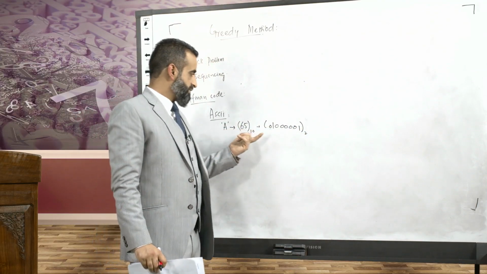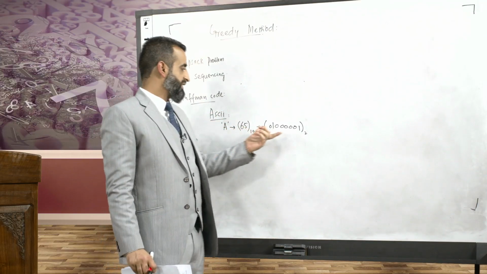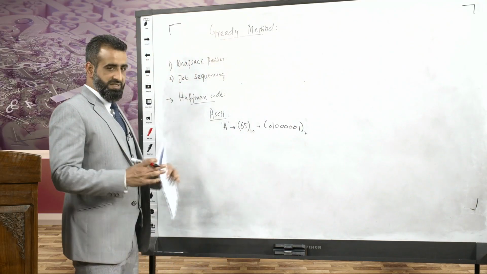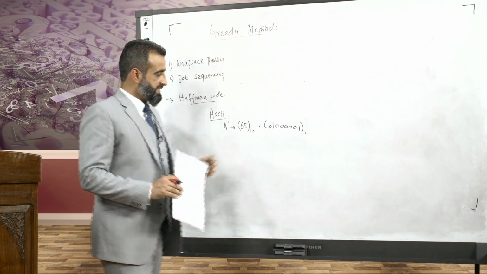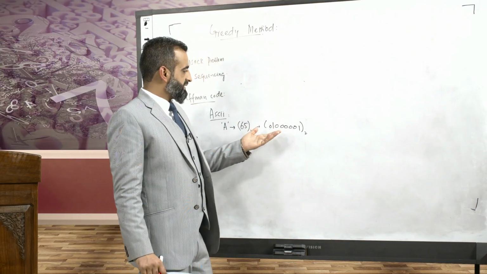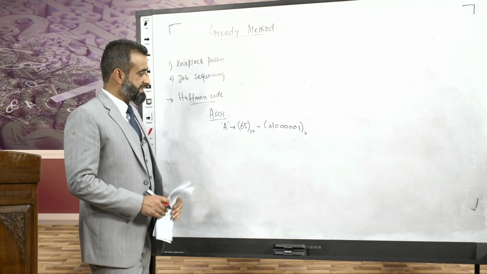So essentially, using these ASCII codes, I'm making use of 8 bits to represent a single character. So if there's a message of 10 characters, then essentially I'll be using somewhere around 80 bits. This is too much use of bits.